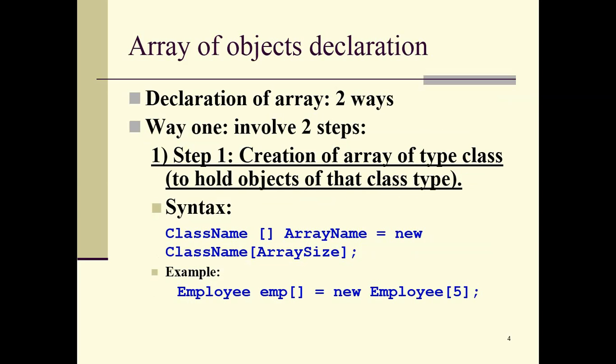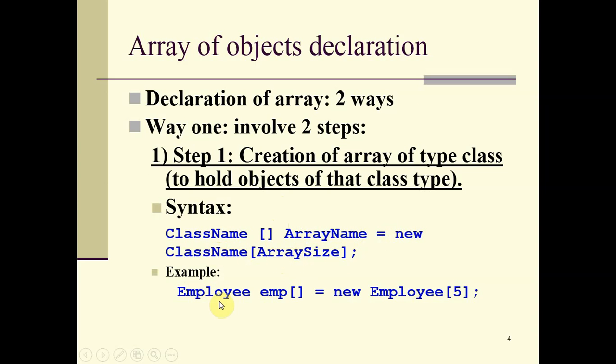There are two steps. With step one, we create an array of type class: the class name, then the array name, then new, the class name, and the size.